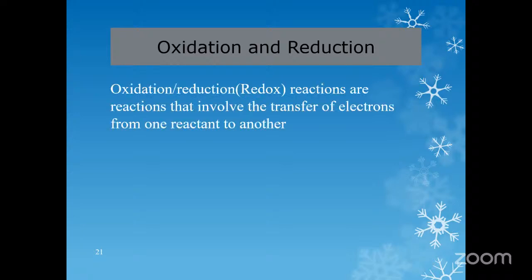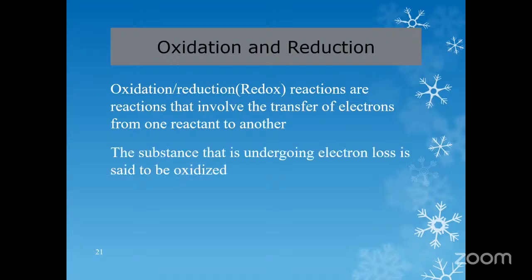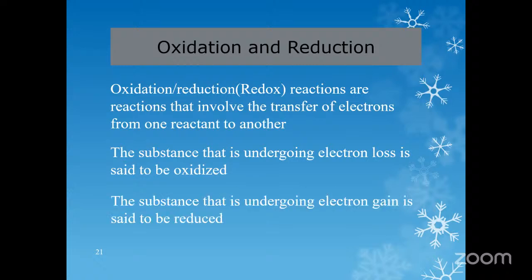There are several ways of defining a redox reaction, but it really comes down to the transfer of electrons from one reactant to another, with the product being formed as a result. The substance undergoing electron loss is being oxidized, and the substance undergoing electron gain is being reduced.